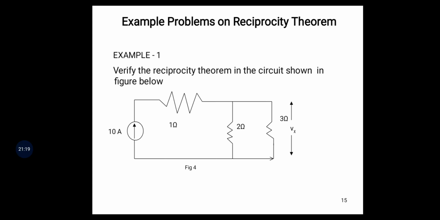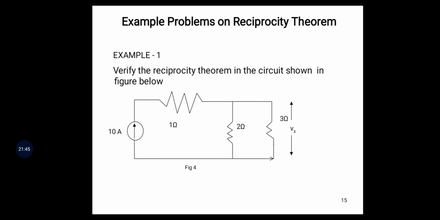So here is one example for the reciprocity theorem. Verify the reciprocity theorem in the circuit shown in the figure below. Here the current source is 10 amperes in series with a 1 ohm resistor, and 2 ohm, 3 ohm.